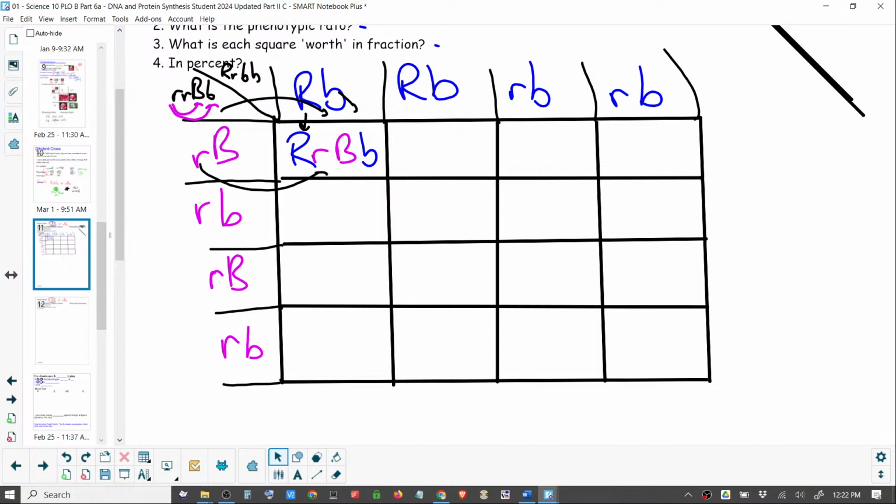So what would this look like as a P with a R, lower, upper R, lower R, upper B, lower B? Julian, I've already asked you. Someone else I haven't asked yet. Staring at some people I haven't. Sure, go.